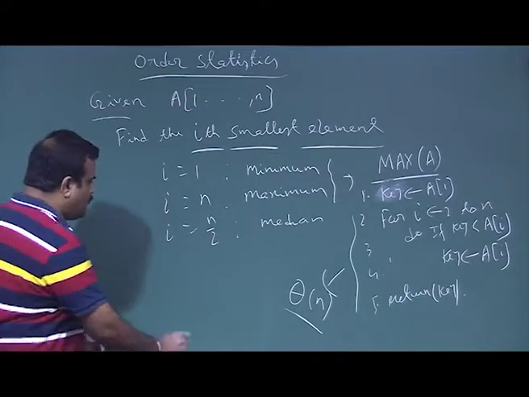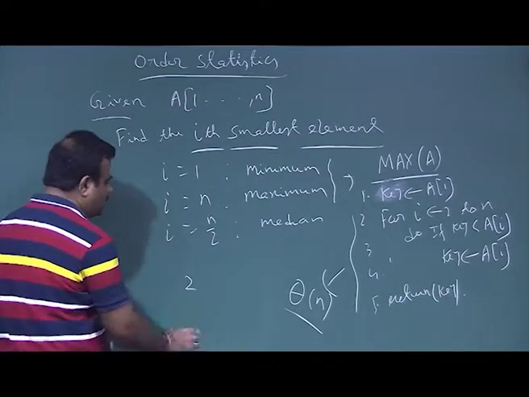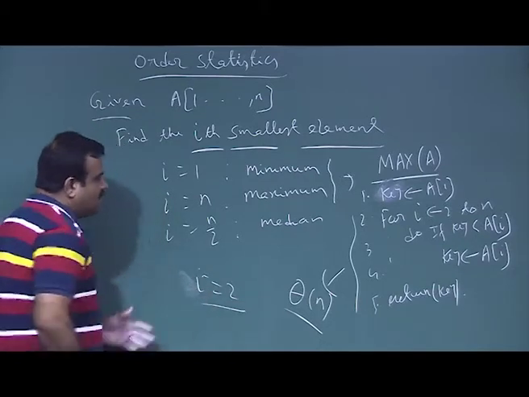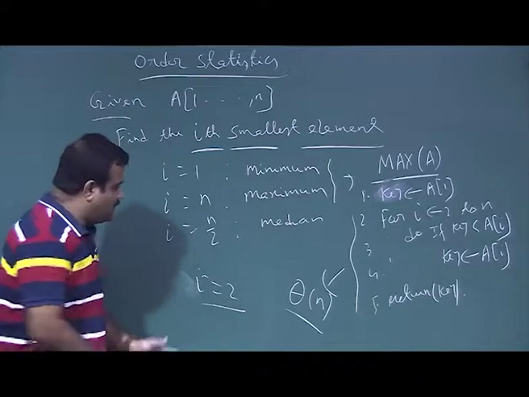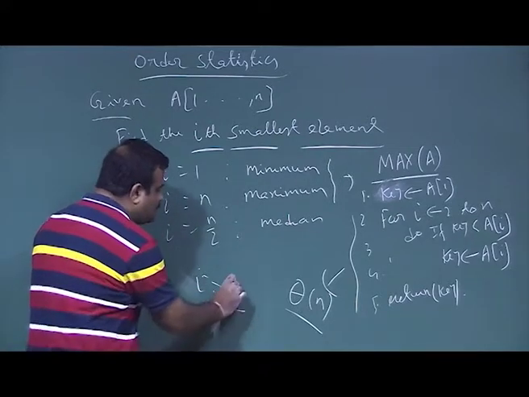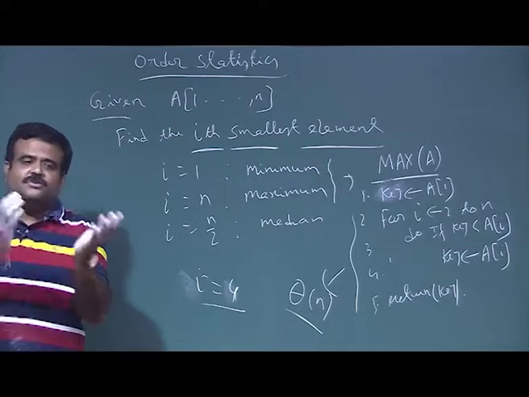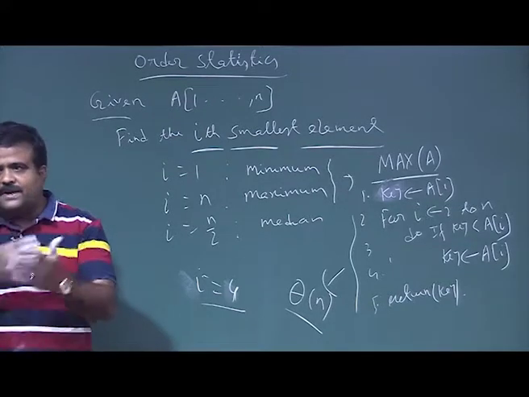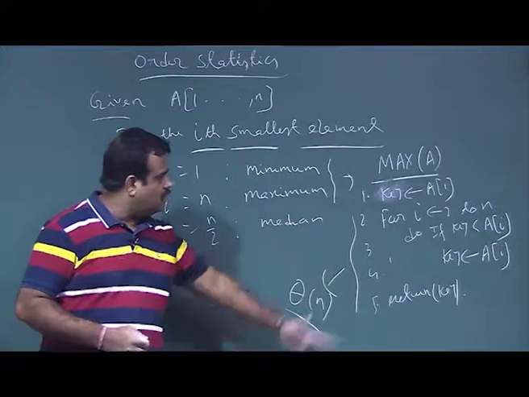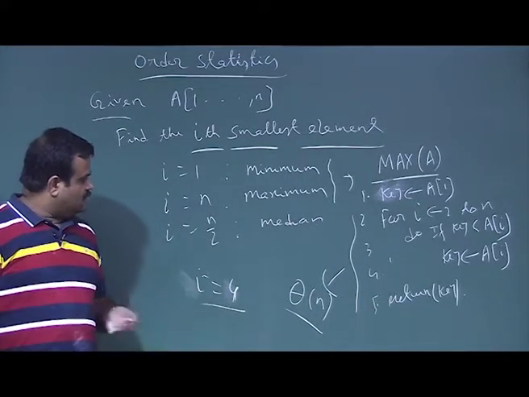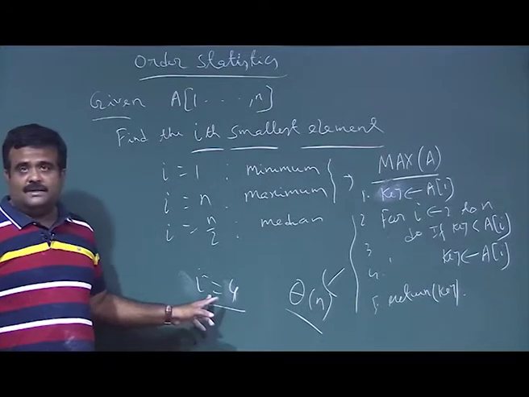Now suppose we want to find the second minimum, the second smallest element, say i equal to 2. Can we extend this code? It could be difficult to extend this code even for i equal to 3 or 4, because we may need to store values and compare again. So this simple code will not extend to any value of i in general.